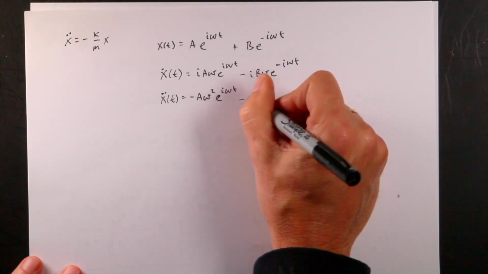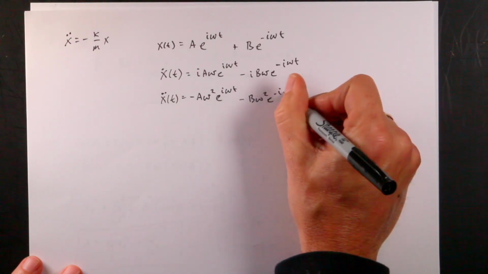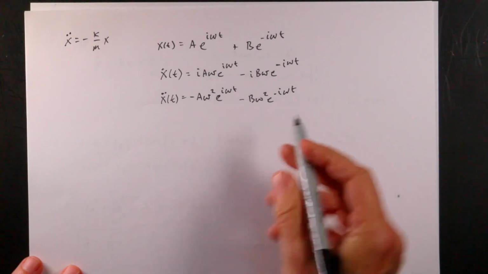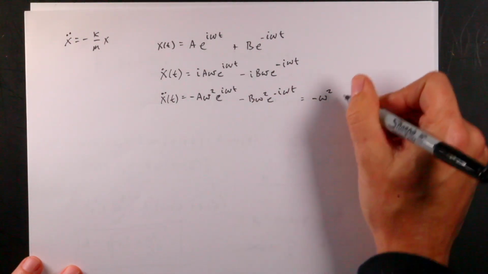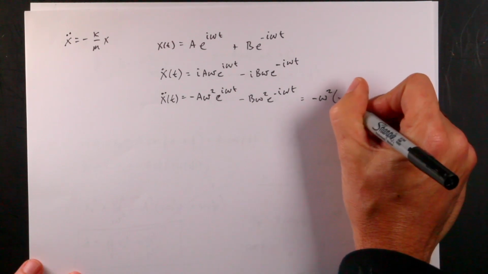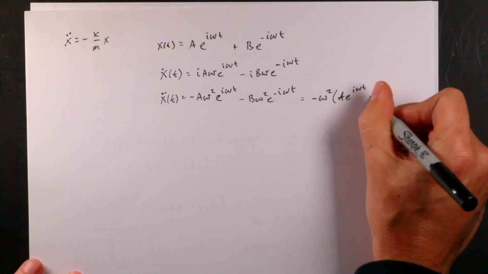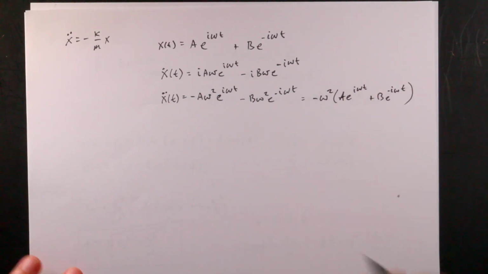So I get negative b omega squared e to the negative i omega t. And if I factor out the negative omega squared, I get negative omega squared times a e to the i omega t plus b e to the negative i omega t. And that is the solution.